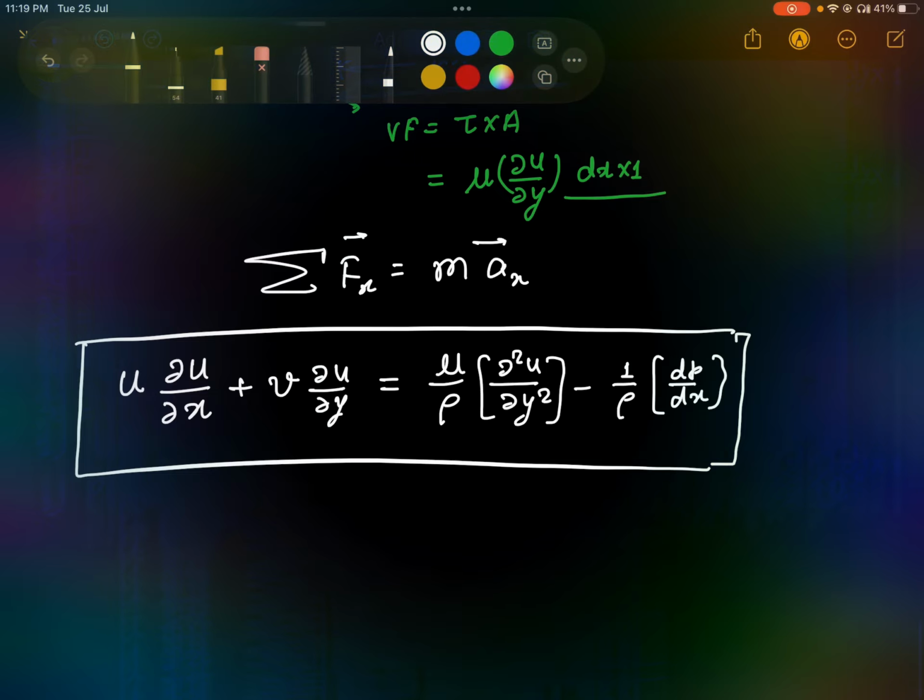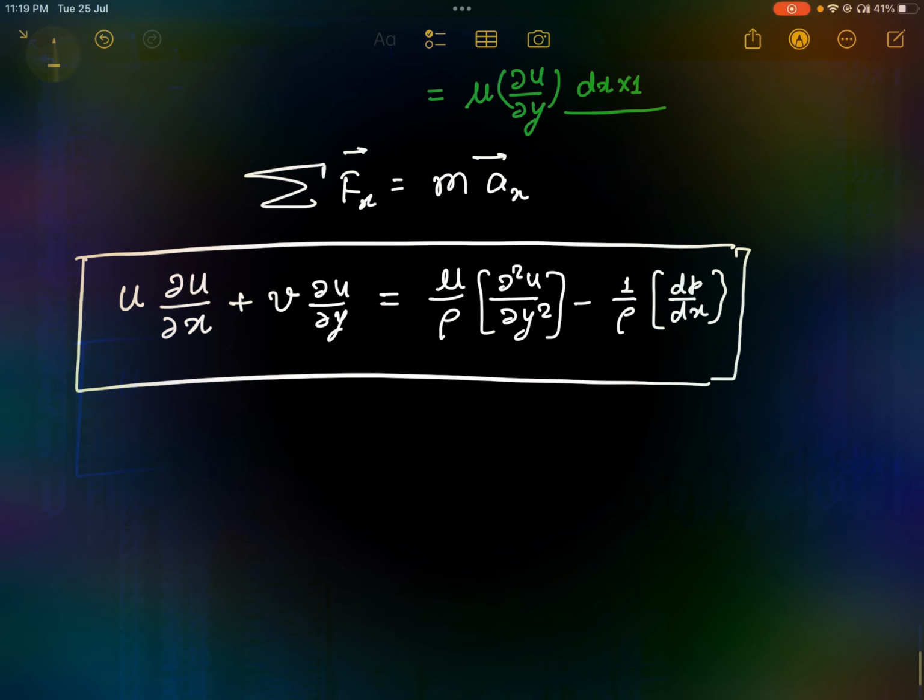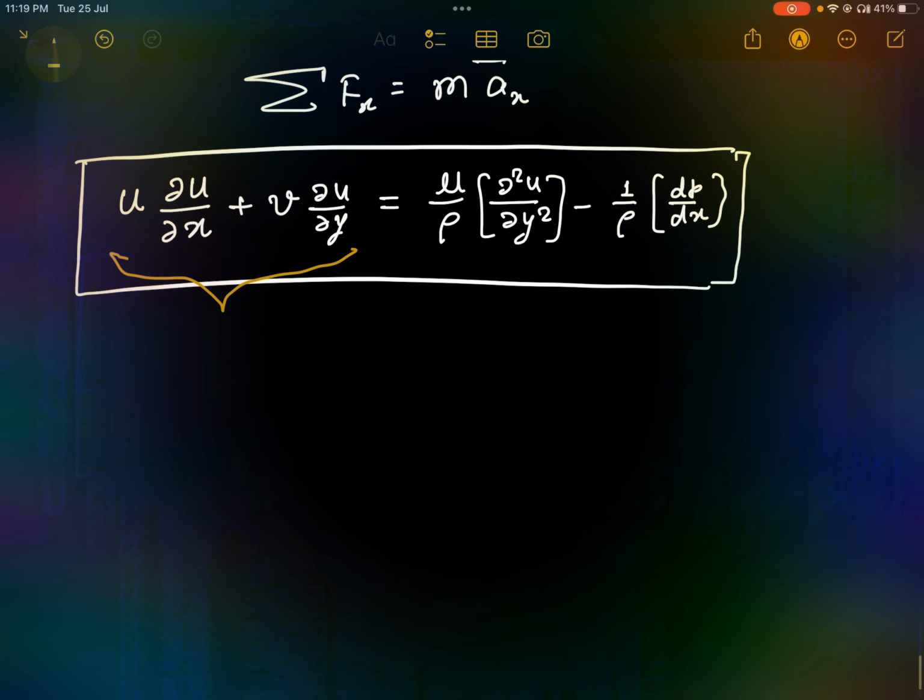Some of the things we have to understand here: if I talk about this term, this is the convective acceleration of fluid along the x direction.